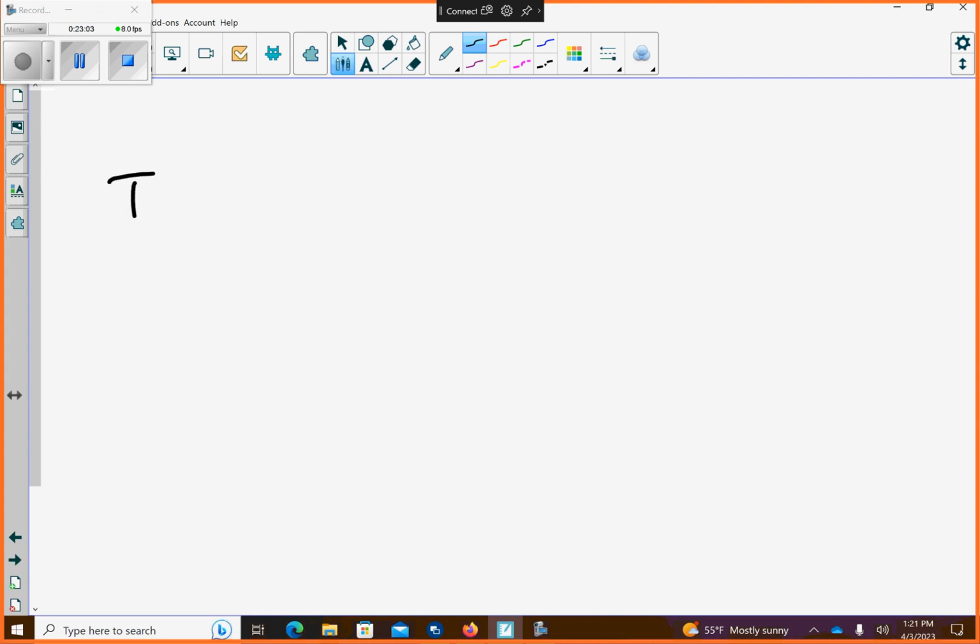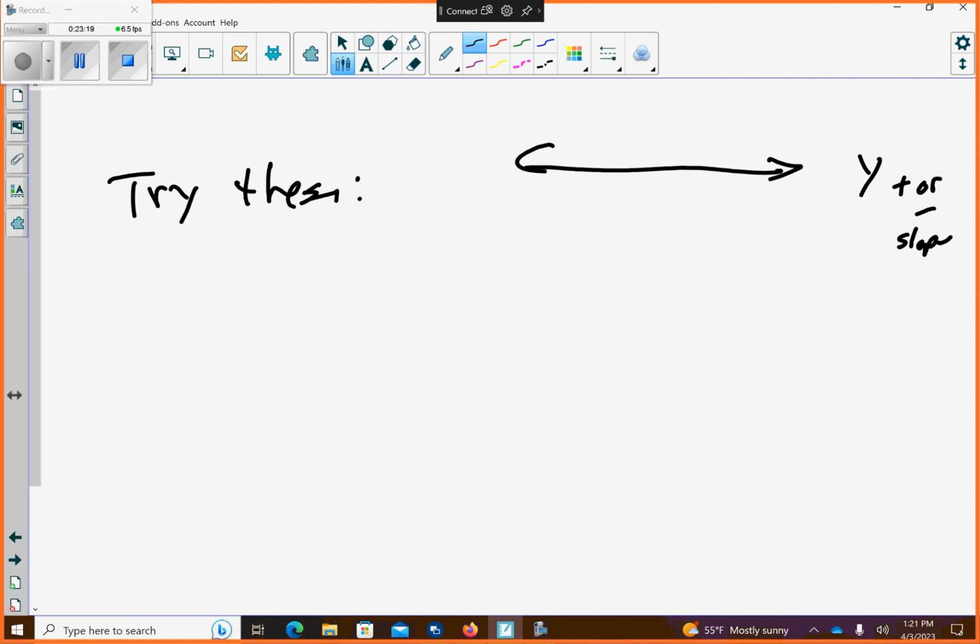Try these. I want you to make the original slope line showing positive or negative slope. And then I want you to do the f prime, or the y prime, showing where above or below.